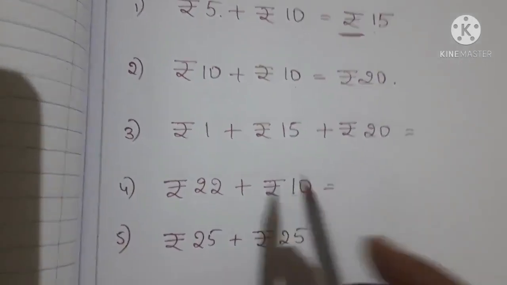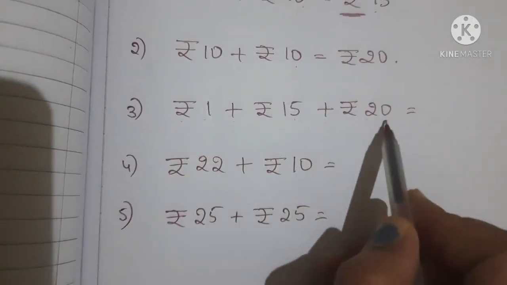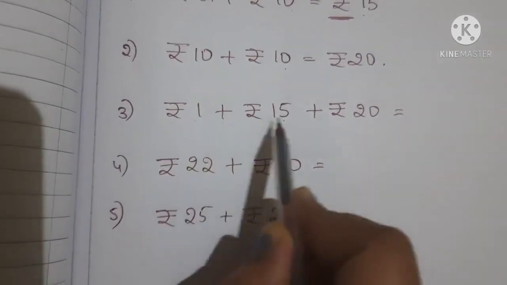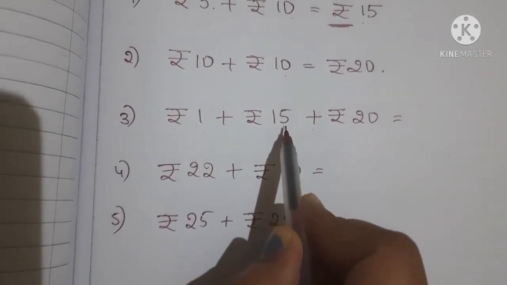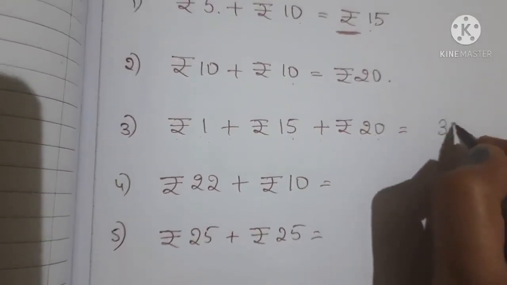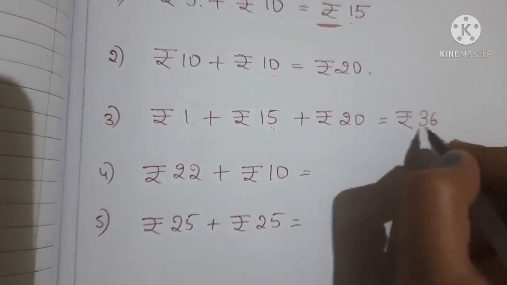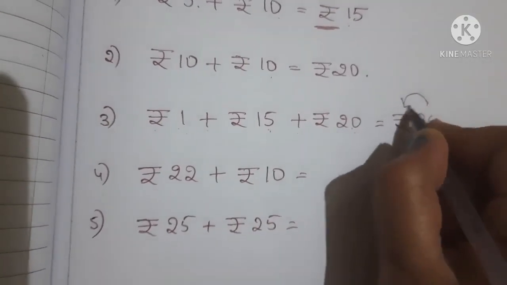Rupees 1 plus rupees 15 plus rupees 20 is how much? 1 plus 15 is 16. 16 plus 20 is 36. And the sign of rupee is this one. We should always write it before the number.